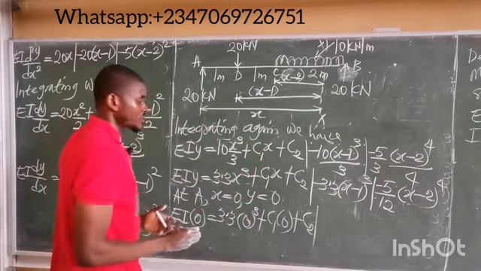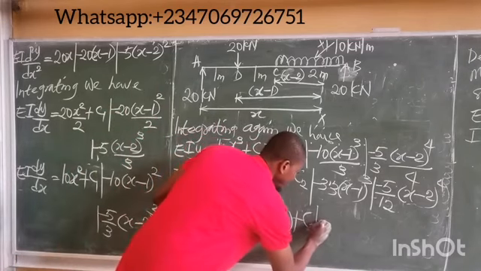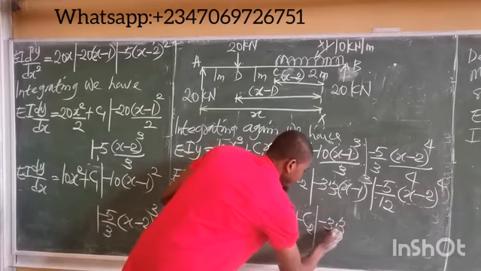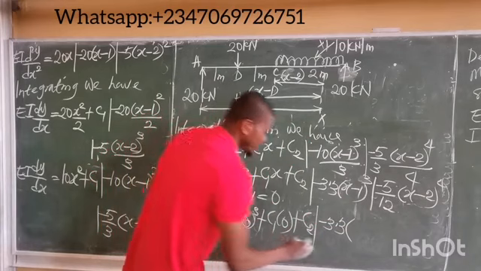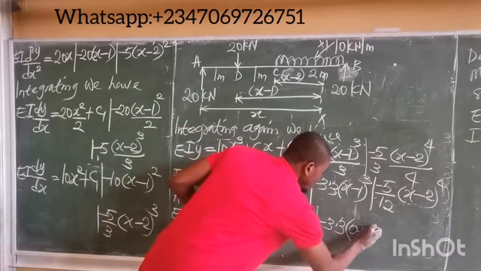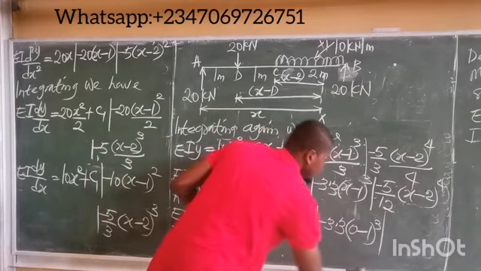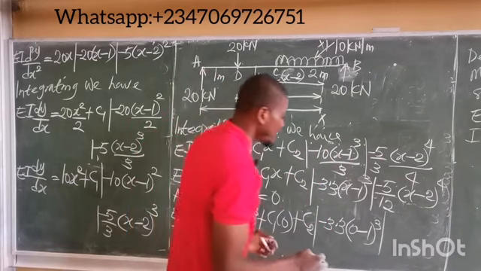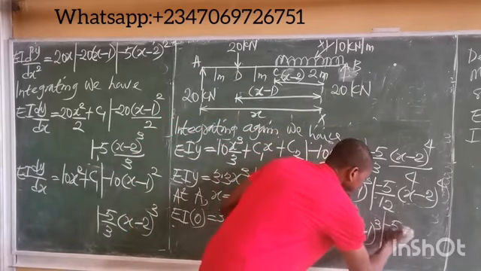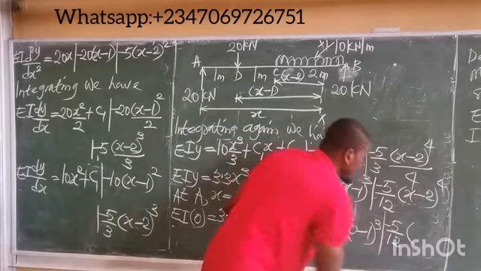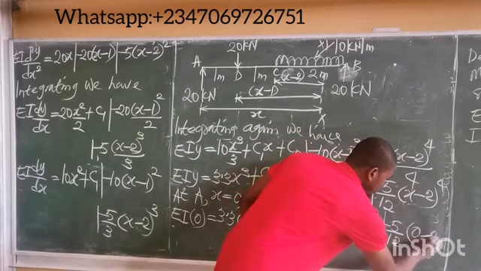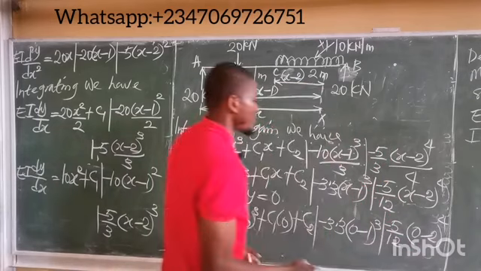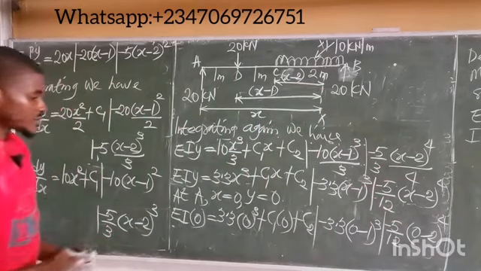Now put down your Macaulay's bracket. Here I have minus 3.3 into x. Here x is 0, so it simply becomes 0 minus 1 to the power of 3. Put down your Macaulay's bracket. I have here minus 5 over 12 into x. Here x is 0, so this simply gives me 0 minus 2 to the power of 4. Okay, so I have this.